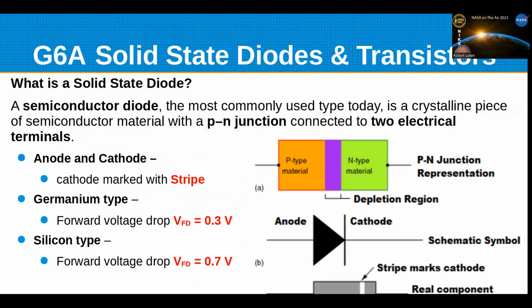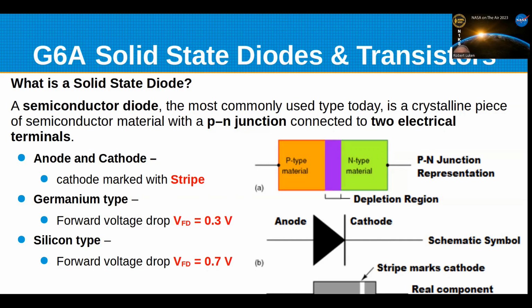So you get a P-type and an N-type, and this interface is what they call the depletion region, because you've got a bunch of holes on one side, a bunch of electrons on the other side. We represent that with this symbol, which shows the cathode as a straight line, and the arrow is the anode showing the direction of current.